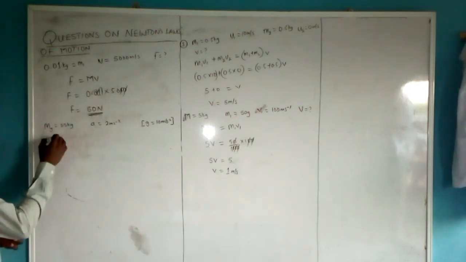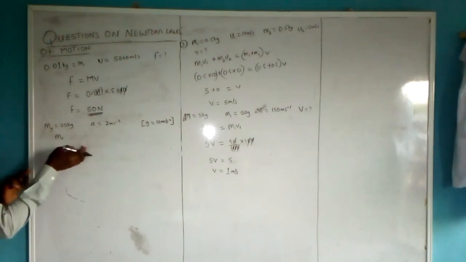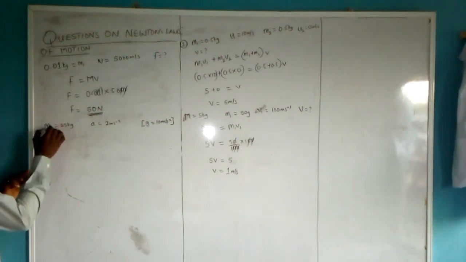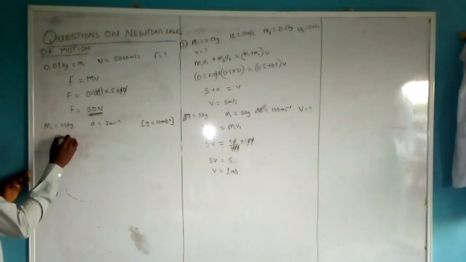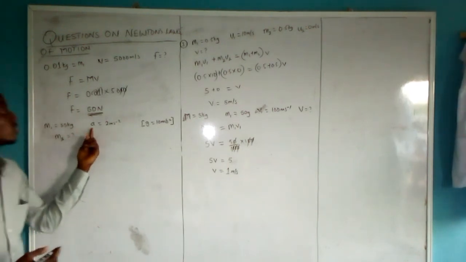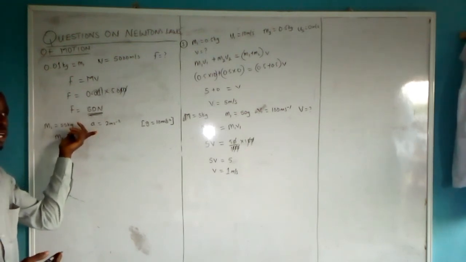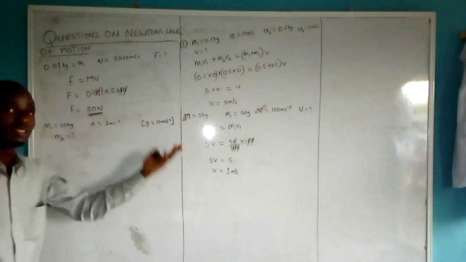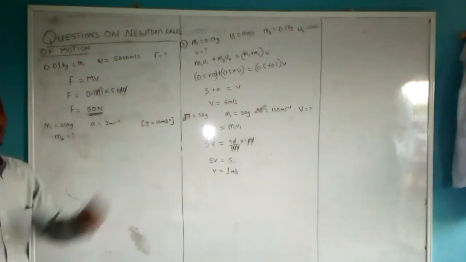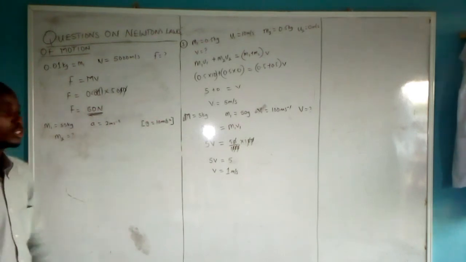Don't forget, the acceleration of the lift is 2 meters per second squared, which is less than the acceleration due to gravity.